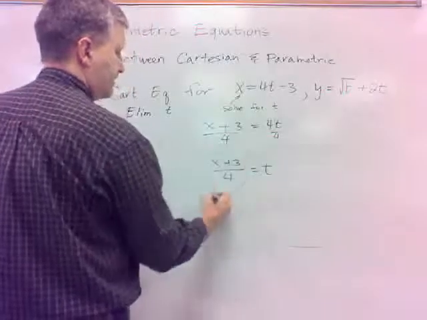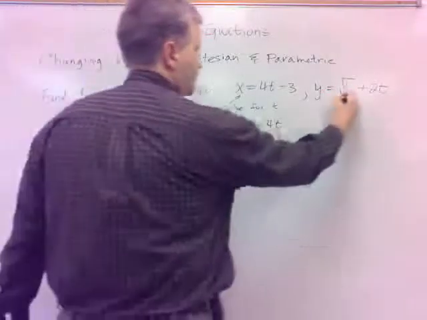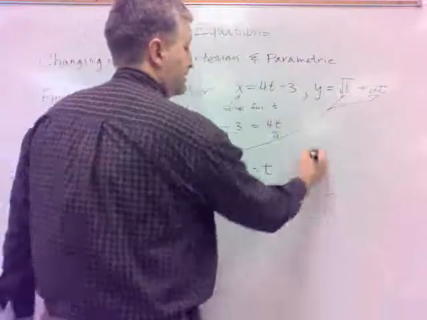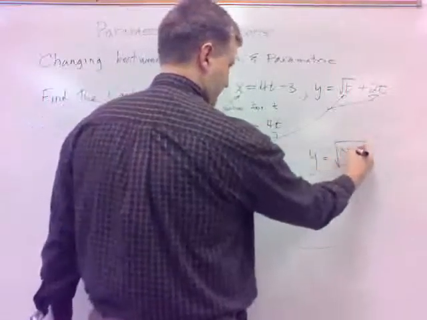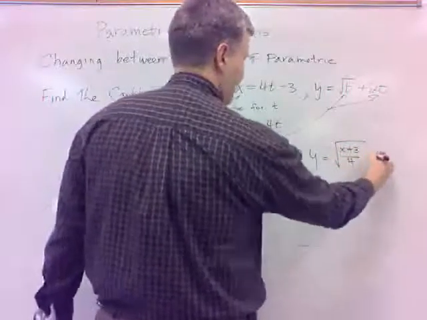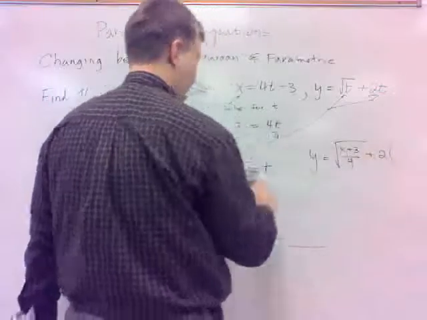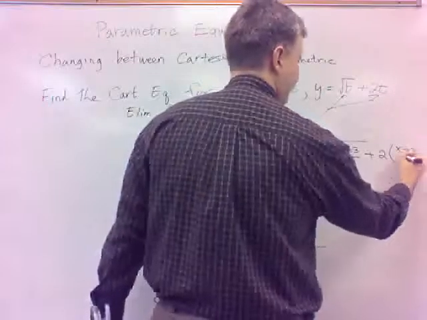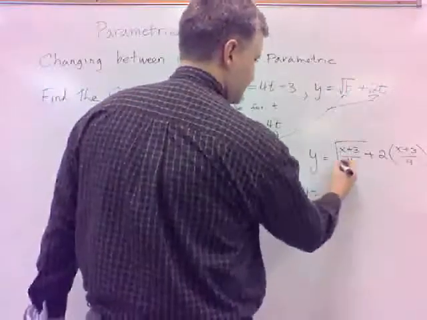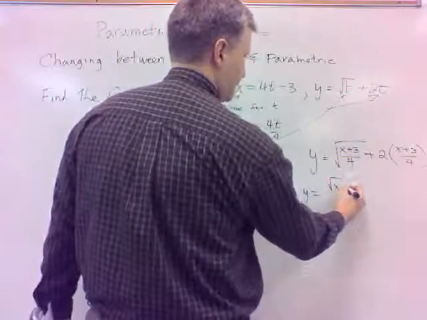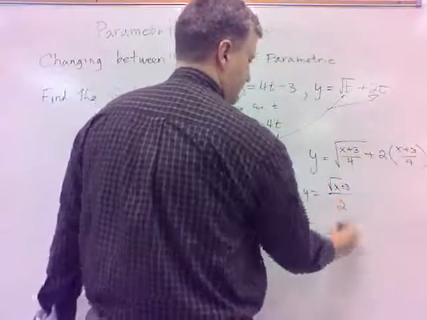Now I've got this, I can substitute for t, can't I? Here and here. So it'd be y equals the square root of x plus 3 over 4, plus 2 times x plus 3 over 4. Simplify, that'd be the square root of x plus 3 over the square root of 4, which is 2.